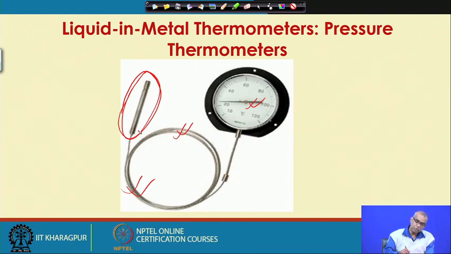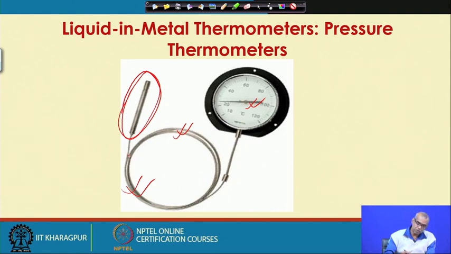Now, when this bulb is put into the medium whose temperature I am measuring, the bulb will receive thermal energy, the liquid will undergo a restricted thermal expansion, and a pressure will be developed.